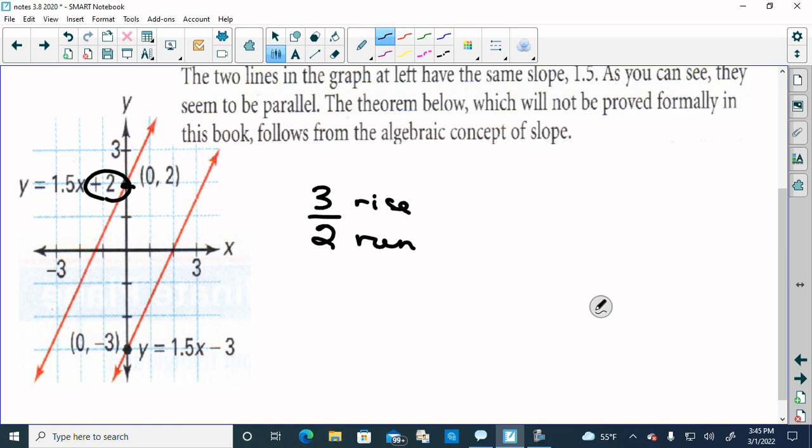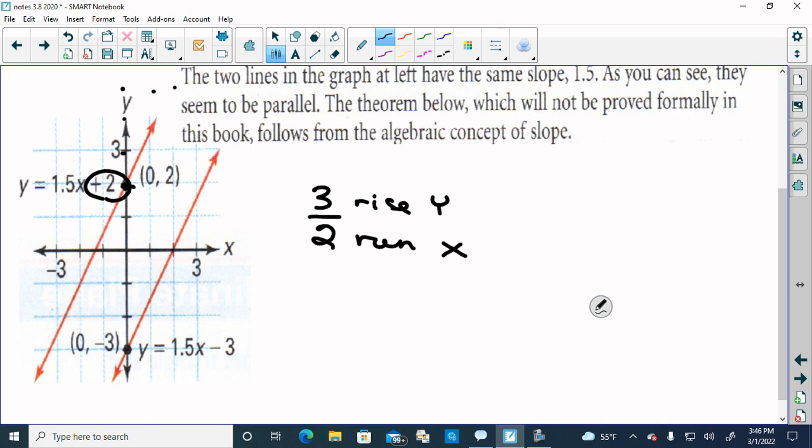The rise is my y direction, and the run would be my x direction. That's where we did our y minus y, x minus x, that slope formula that you wrote. From where 2 is at, we would rise up 3, so 1, 2, 3, and then we would go over 2, so 1, 2.